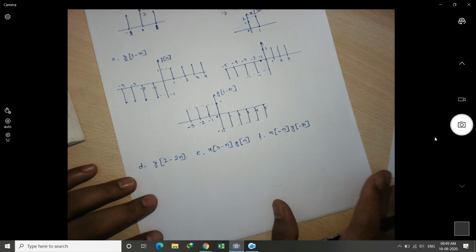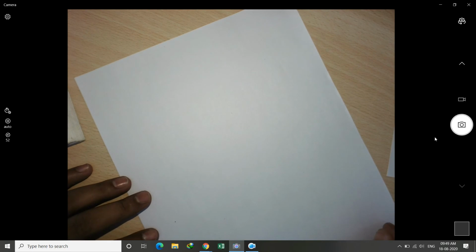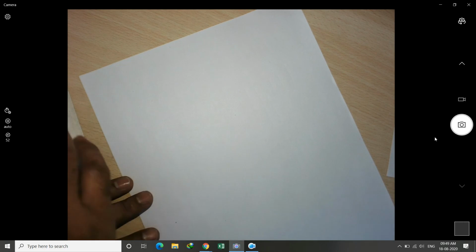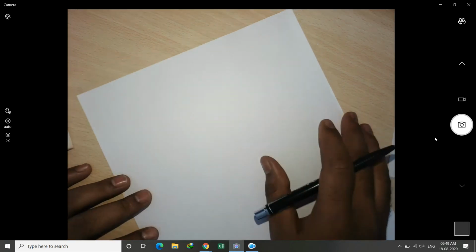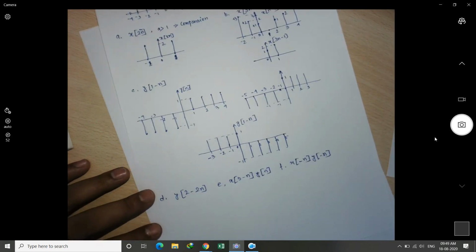So next, let us start with another kind of problem: x of minus n into y of minus n.